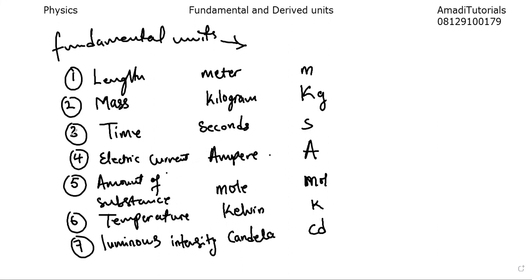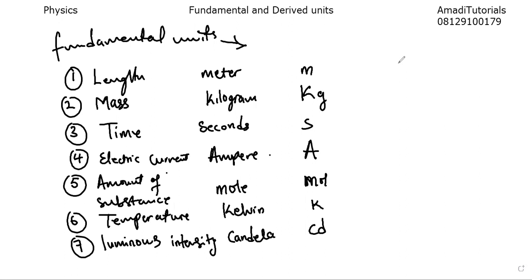Any other unit or quantity that is not here is called a derived unit. When we say derived unit, that means we are combining these fundamental units. Derived units most times don't necessitate measurement.